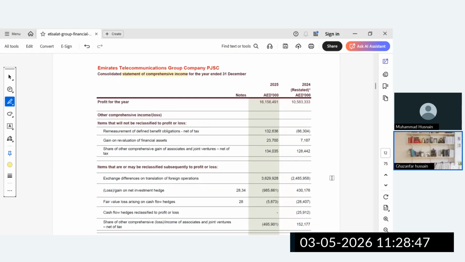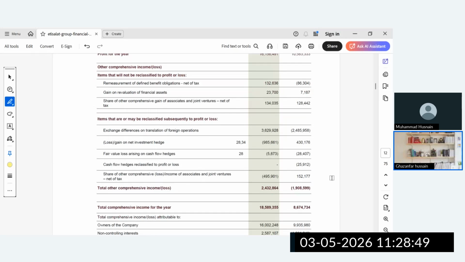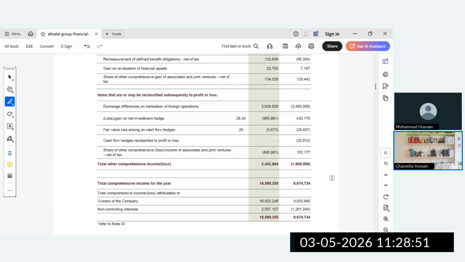These are all the incomes that they got. So if we say the comprehensive income, total other comprehensive income, how much? This is our total comprehensive income.